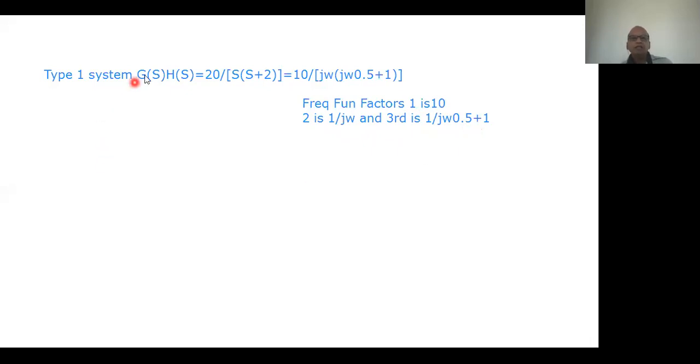And then we'll draw asymptotes for each frequency function factor by taking the log magnitude of each. Then we will draw the asymptotes for each factor and take the addition to get the resultant asymptotic magnitude plot.